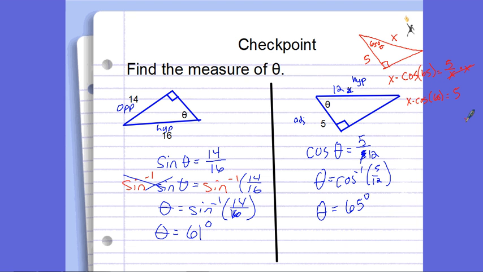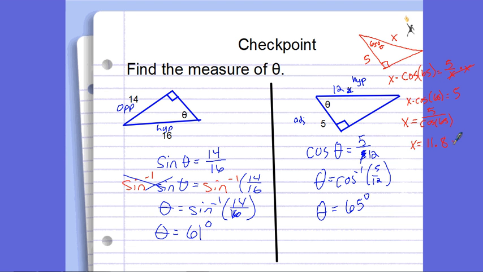So then to get it by itself, I need to divide. So x is equal to 5 divided by cosine of 65. Right? Now put that in your calculator. What's 5 divided by cosine of 65? So x is equal to what?